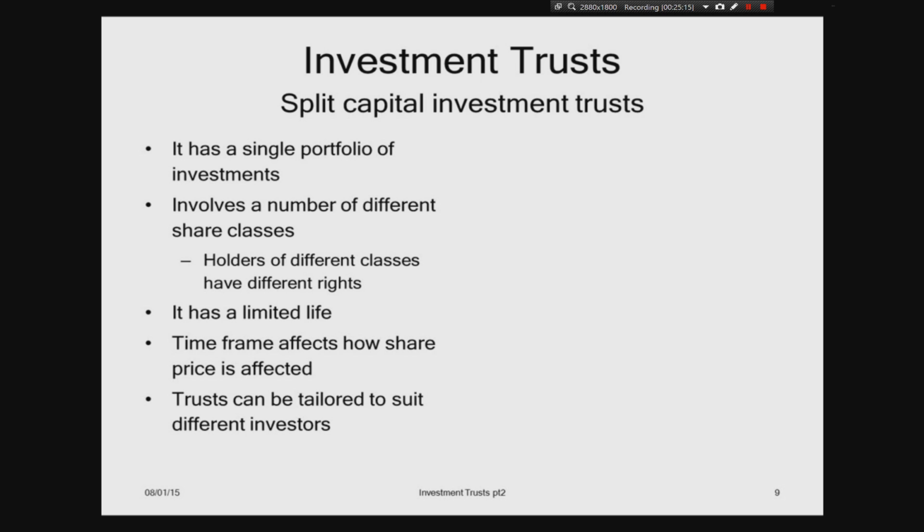At that stage, the amount of capital returned will depend on the class of share and the order of priority in which the trust is wound up. That is, has it got sufficient assets to meet its obligations, hence the risk to different types of shareholder classes. As we have seen, a split capital investment trust can issue a number of different classes of shares as set out in the table.